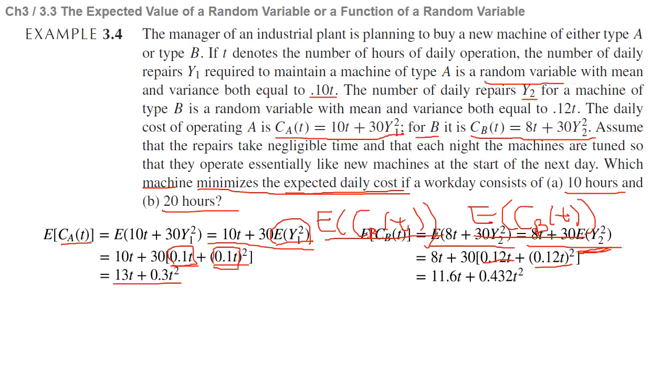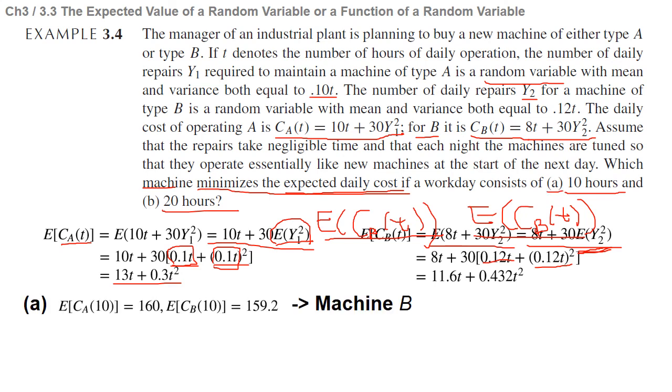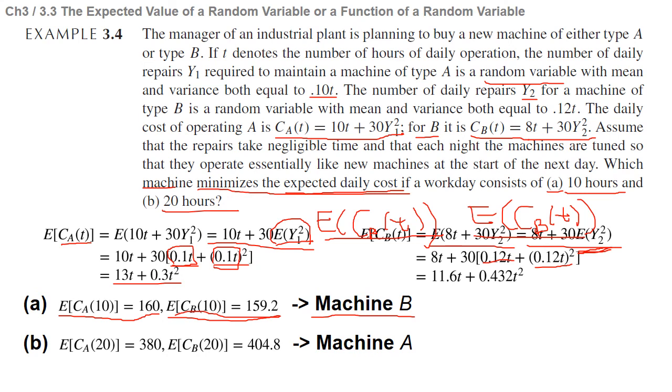And for problem A, when t equals 10 hours, the cost for machine A is 160, and the cost for machine B can be calculated as 159.2. And since machine B has a smaller cost, we select machine B for problem A.